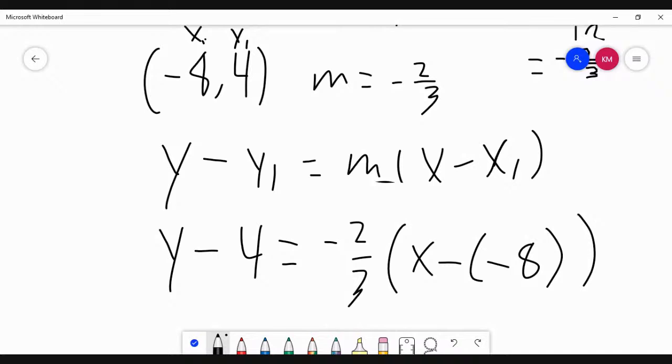Since my x1 was a negative, it shouldn't have been x minus 8. It should have been x minus a negative 8. I do apologize. I caught my error, and now I'm starting over.